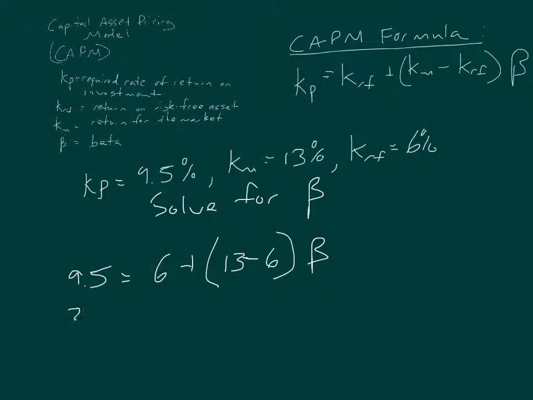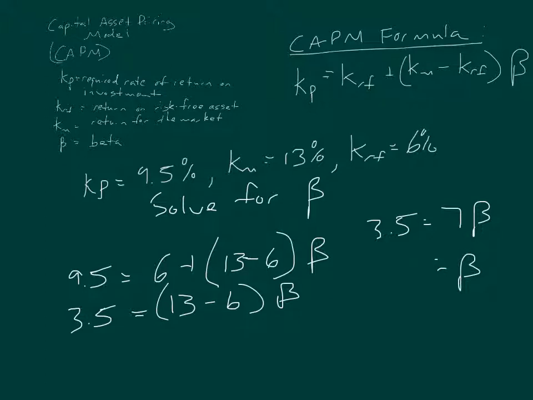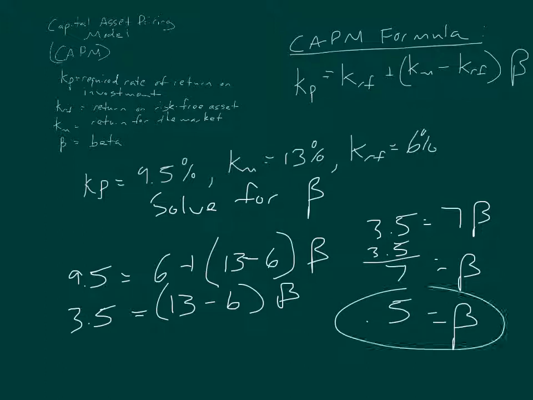So we're left with 3.5 equals 13 minus 6 times beta, or of course 7, right? And so we can say 3.5 equals 7 beta. And to then solve for beta, we multiply both sides by 1 over 7, 3.5 over 7, so beta equals 0.5. Beta equals 0.5 in this market if that's what we're being asked.